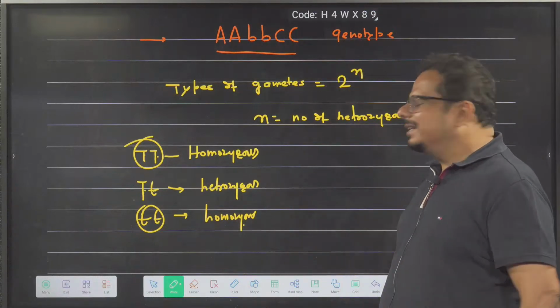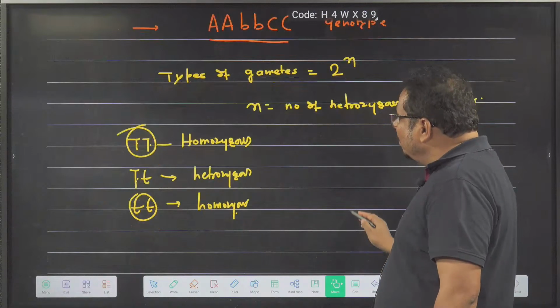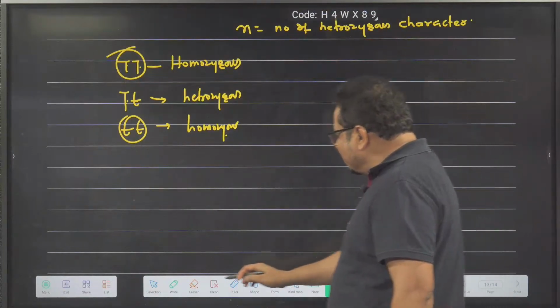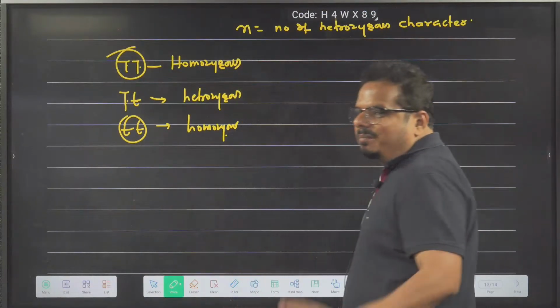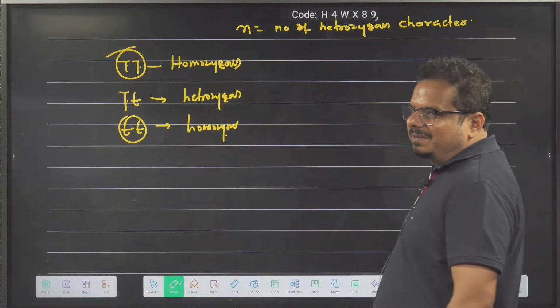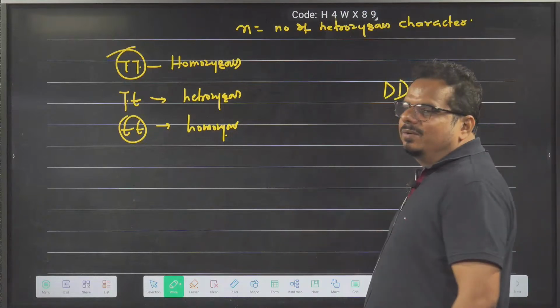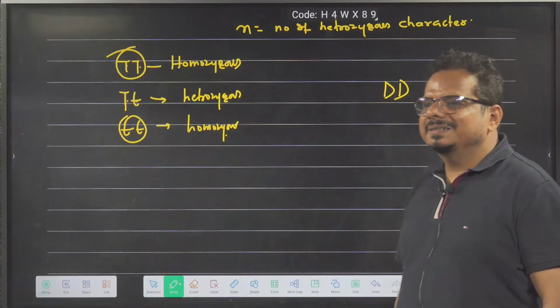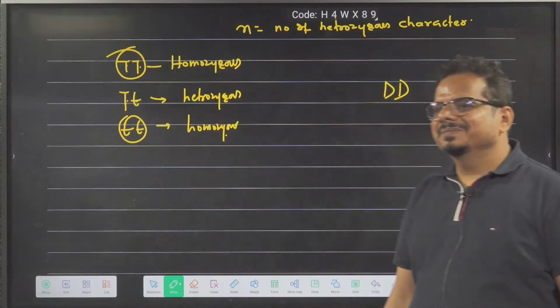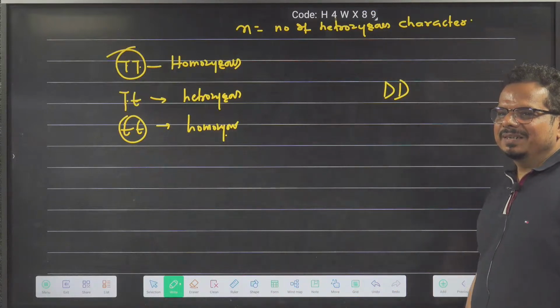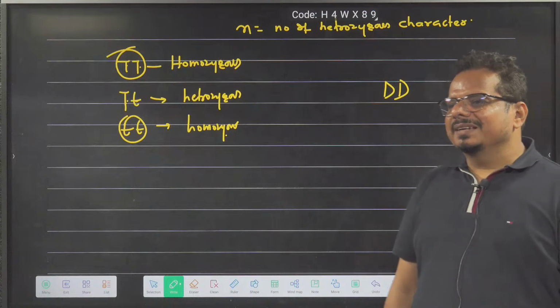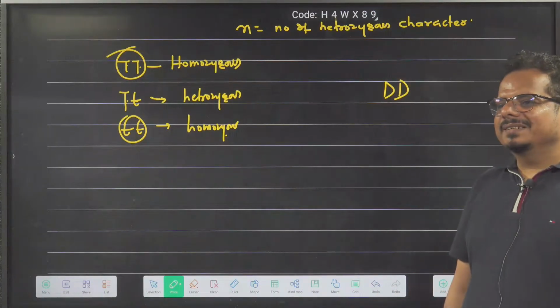So for my satisfaction, I know how zero-level a question I am asking, but for my satisfaction, I am asking a question. Please answer it. I am writing capital D, homozygous or heterozygous? Answer it. Capital D, homozygous or heterozygous, pin your answer.